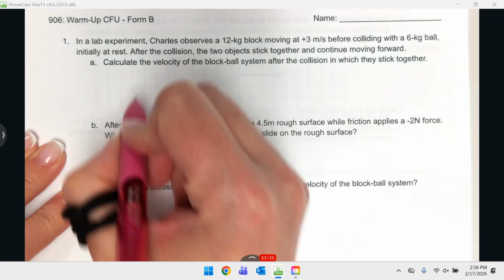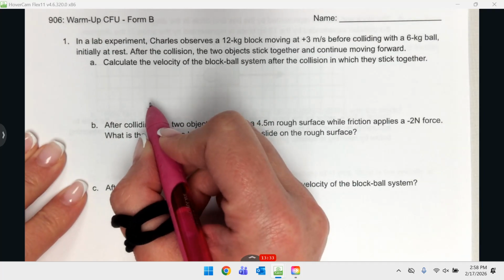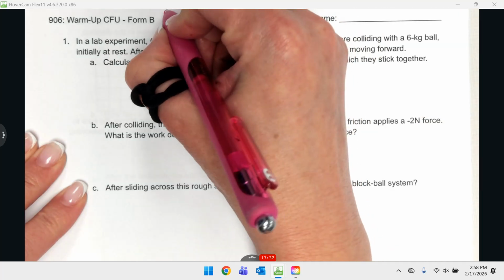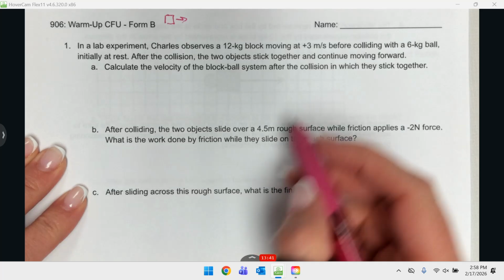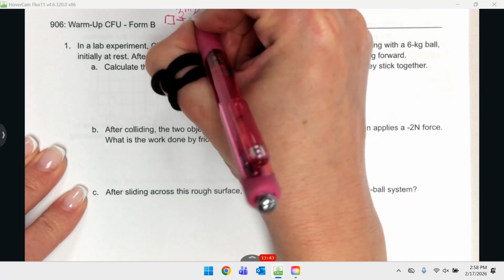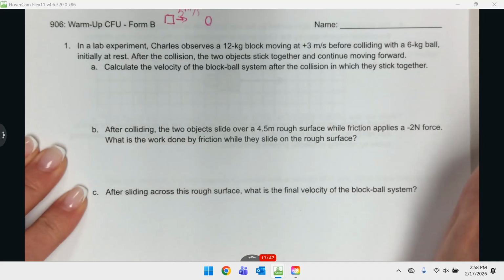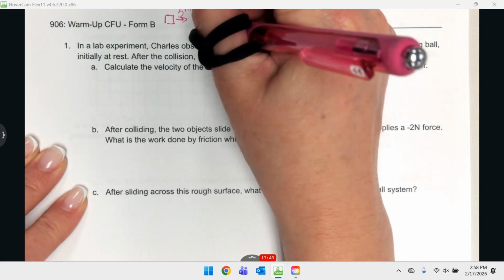So again, if you have a collision, it's always a good idea to draw a picture. I'm going to draw it up here at the top. I have my block. That way I have more room to work down here. My block is initially moving at 3 meters per second, and it's going to collide with the ball, which is initially at rest.